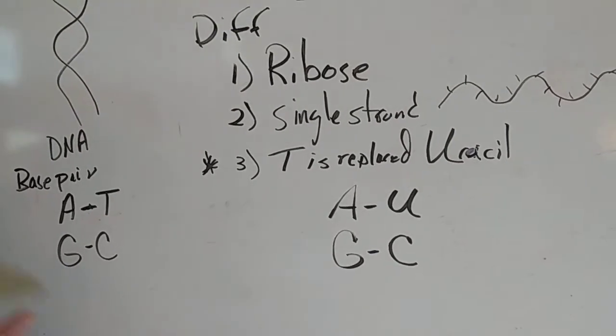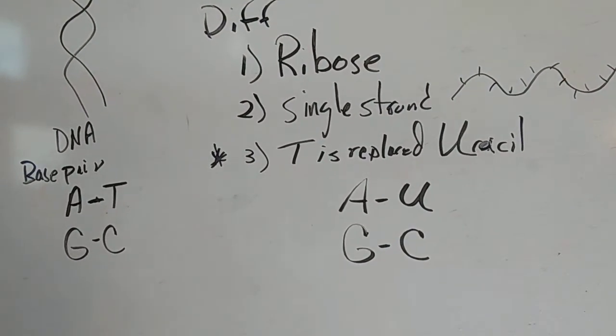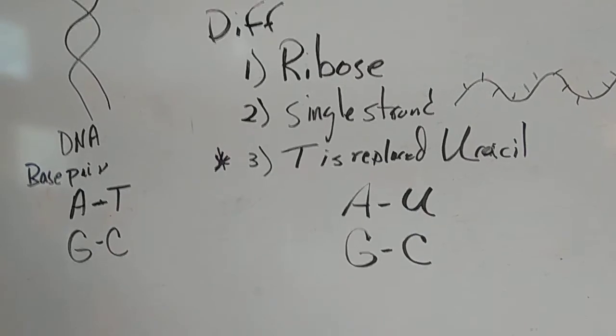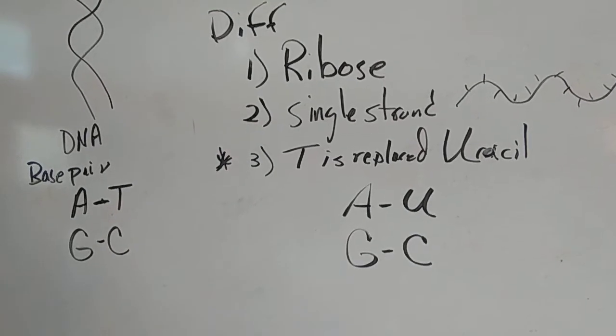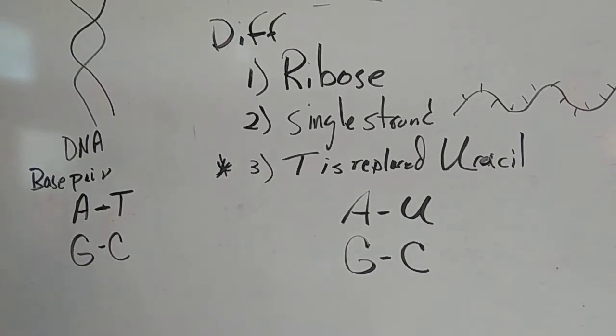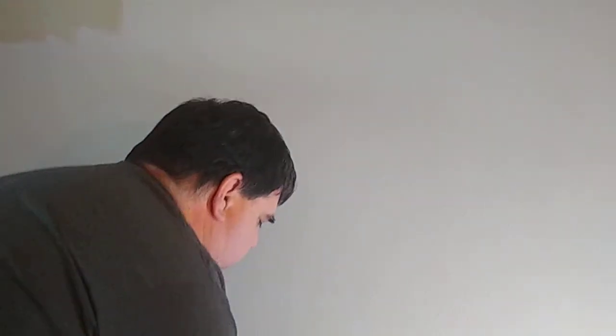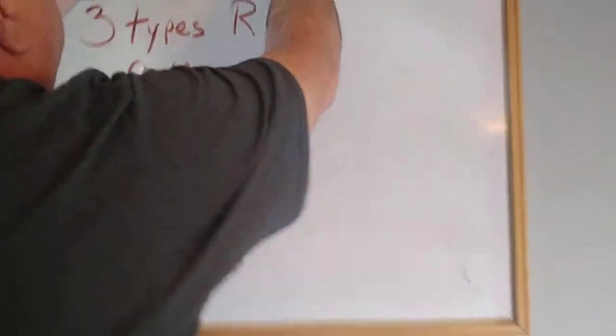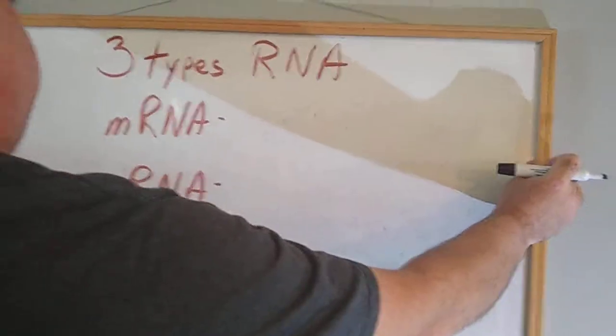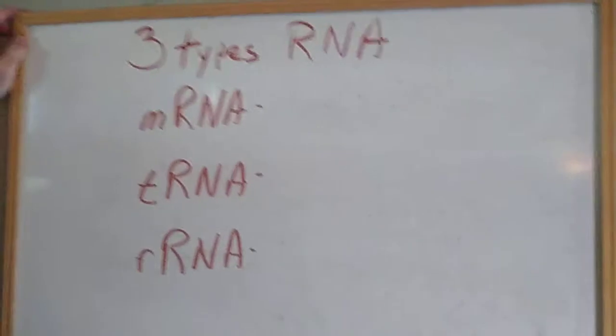Now again, something else about RNA that is not similar to DNA is that RNA comes in three types. So just keep that up there. There are three types of RNA.